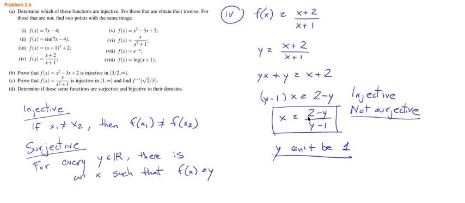So this function is actually something like this. Sorry, I made a mistake. This function has a vertical asymptote at -1, so that means that there's no domain here, and it has a horizontal asymptote here.